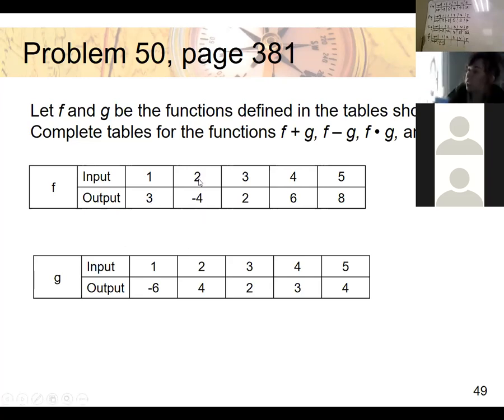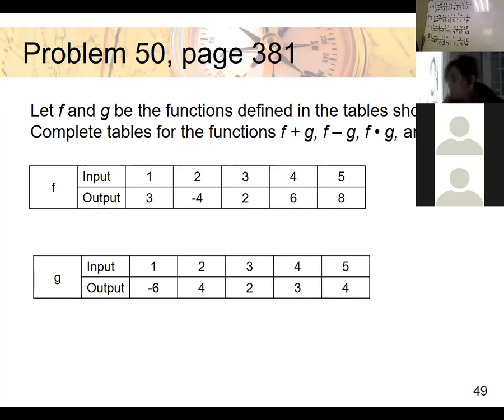All right, now for the input of 2, if I do negative 4 divided by 4, that's negative 1. For the input of 3, 2 divided by 2, 1. And for the input of 4, 6 divided by 3, 2. And then finally for the input of 5, 8 divided by 4, also 2. Okay. So that's how you complete the tables for the sum, the difference, the product, and the quotient of 2 functions, f and g. Any questions on this?